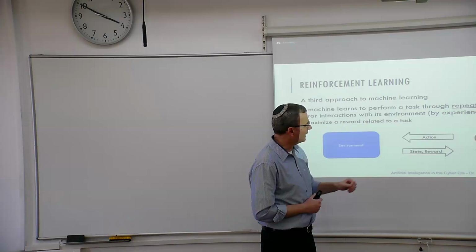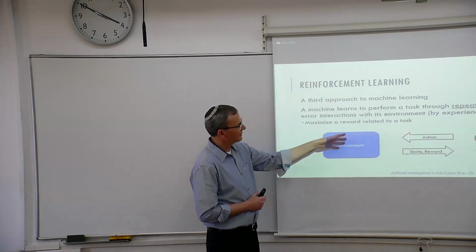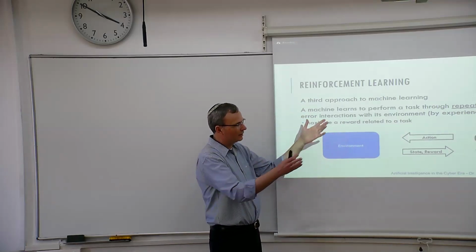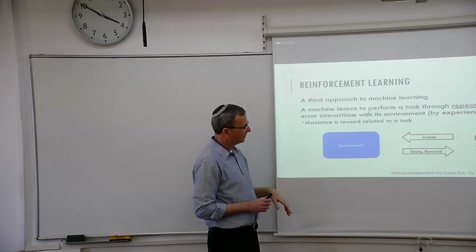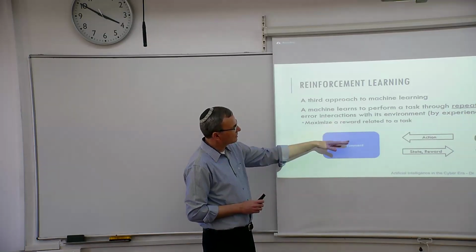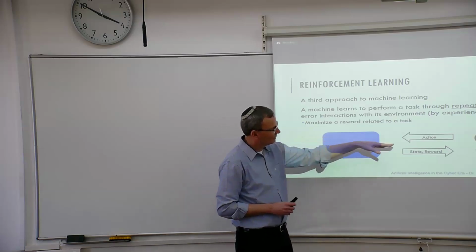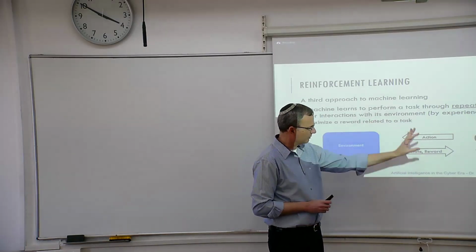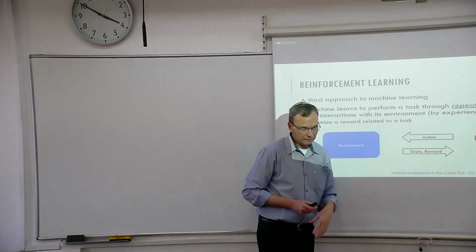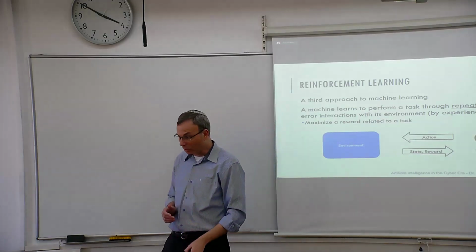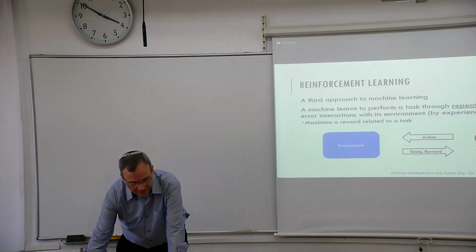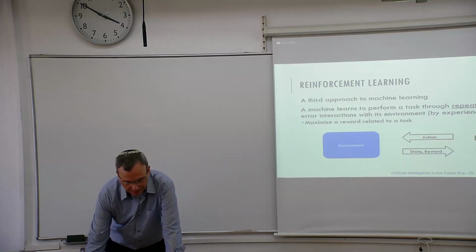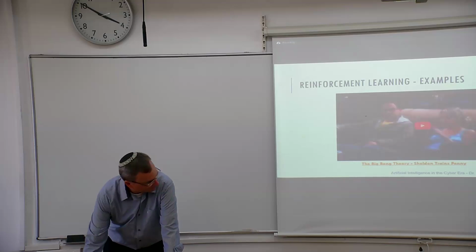The robot takes action. The action influences the environment, or at least does something in the environment. The robot has sensors to get feedback from the environment, so it knows the state of its environment, and it is also going to get rewards. So let's see an example for this before we continue.